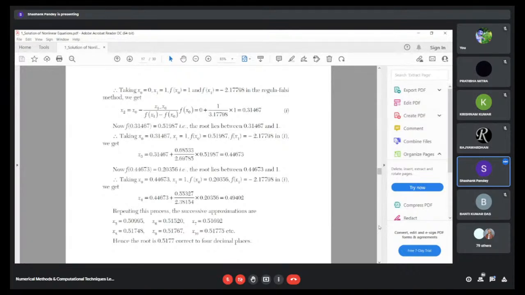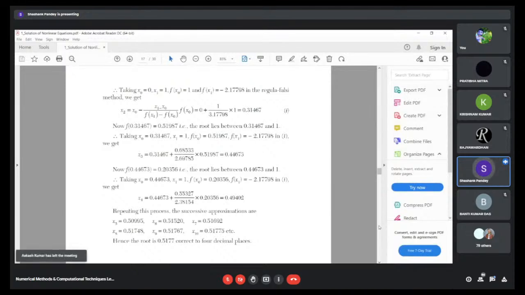So what we are sure of is that the root is lying between 0.31467 and 1. So next our task is to cut short this interval of 0.31467 and 1. Then again we use the equation for the straight line and get the value of x3 as 0.44673.